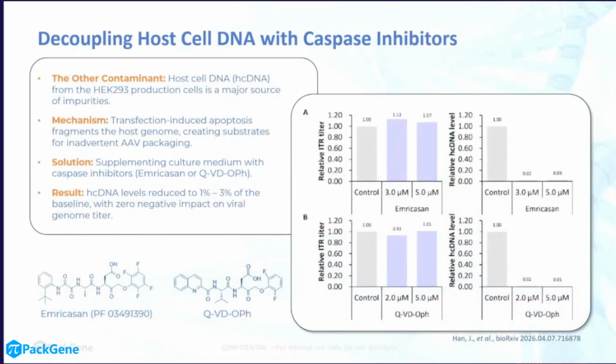So we went ahead and screened through a lot of available caspase inhibitors, and we were happy to see that two candidates from a similar class, at relatively low concentrations in the media, don't hinder our yield, but almost completely get rid of host cell DNA.